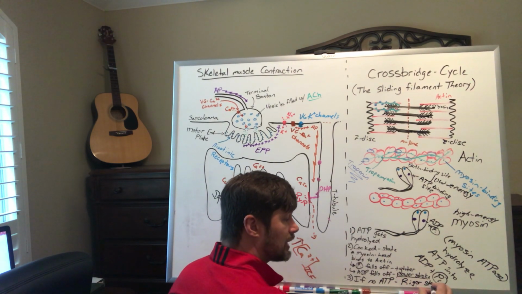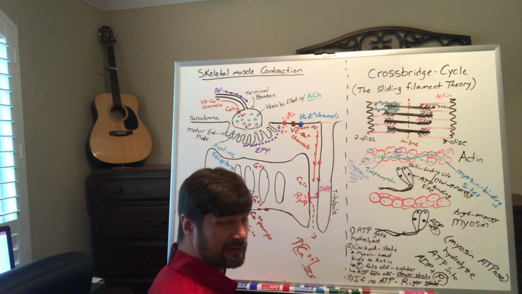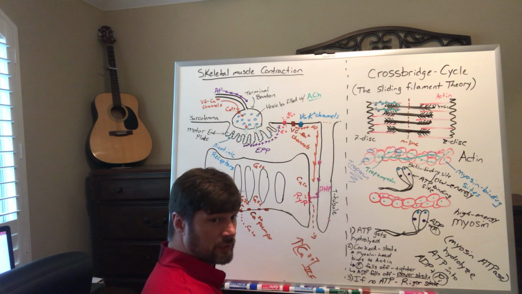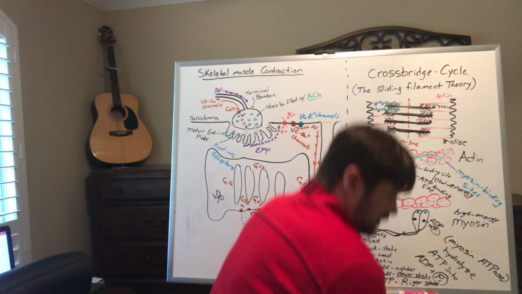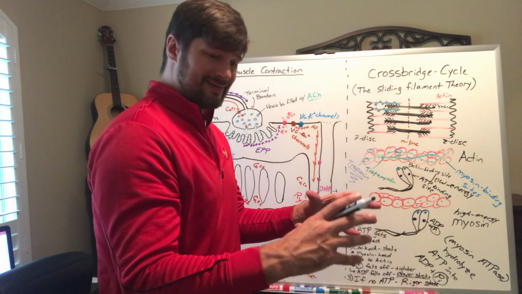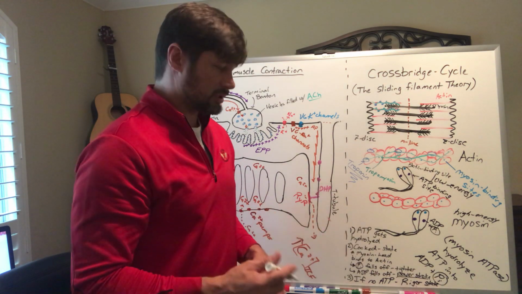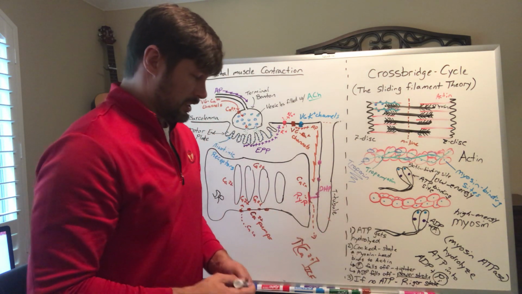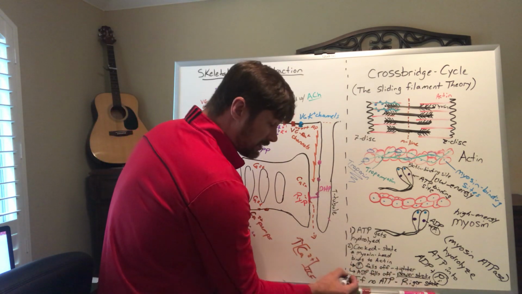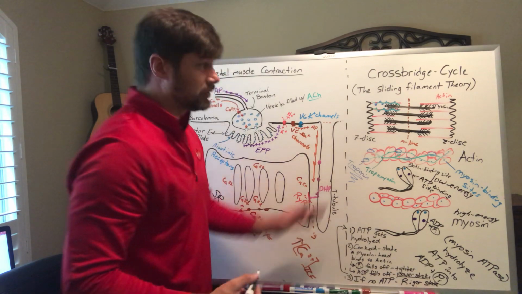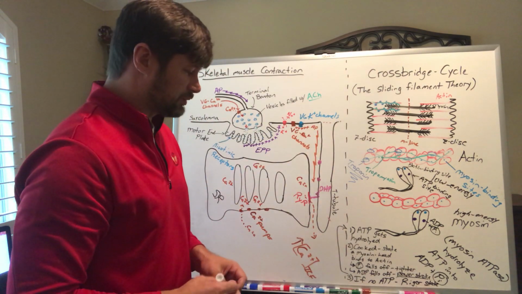Because remember, the only time in your life that you don't have ATP is when you're dead. And that is rigor mortis, when all the muscles are contracting and then the myosin head stays bound to the actin. That's what causes rigor mortis. If no ATP, then rigor state, but if there is ATP, what do we do? We go back through the cycle, the crossbridge cycle.